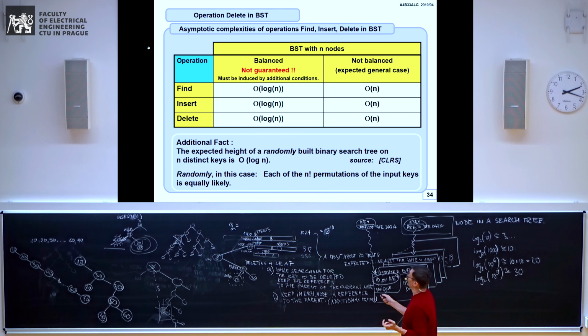So if you work with totally random data, you might expect this performance, which, as we know, is fantastically efficient, but you have to really ensure that everything is random.